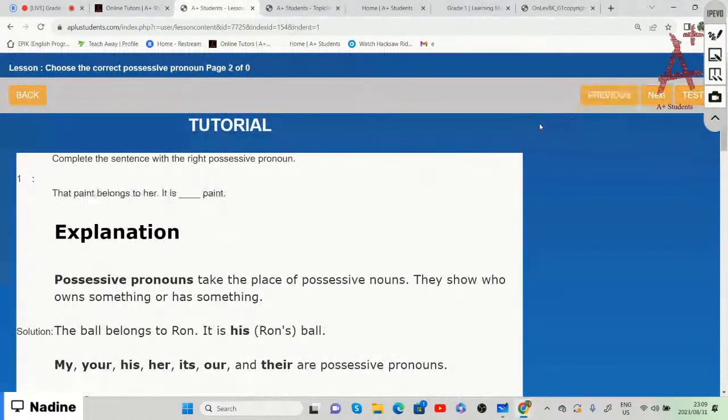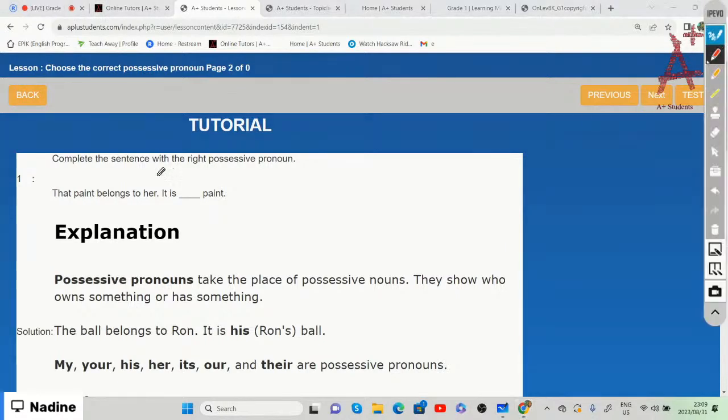All right, let's go next. The paint belongs to her. So if the paint belongs to her, then we can say it is her paint.